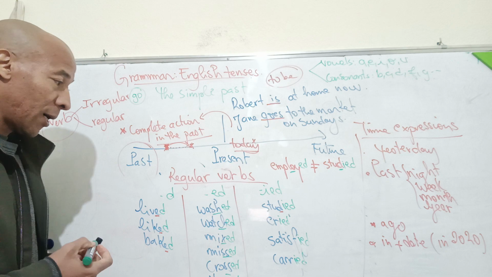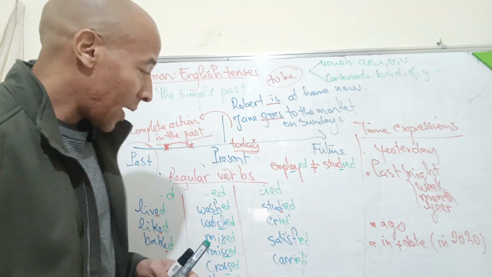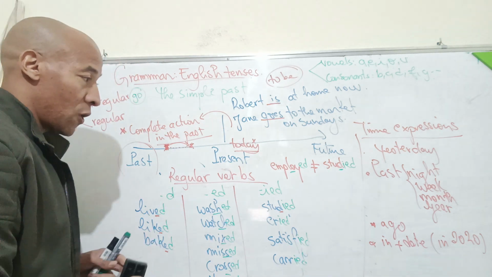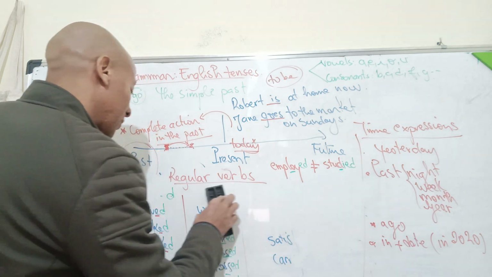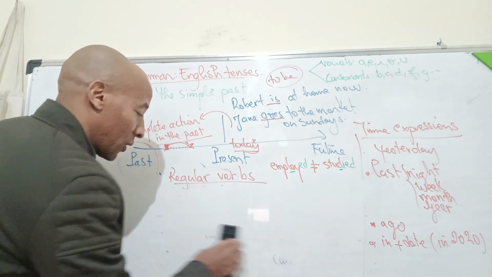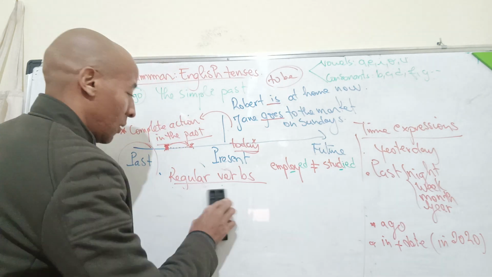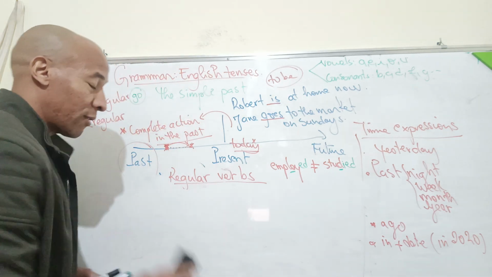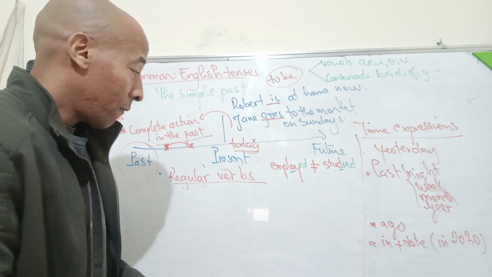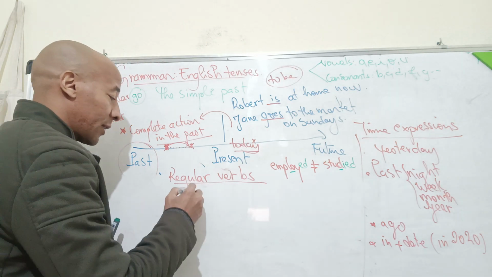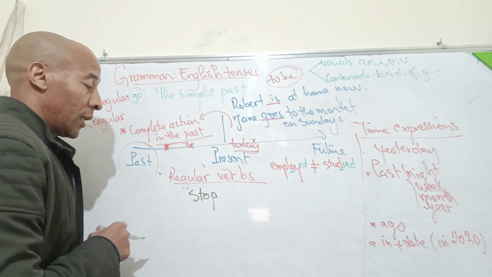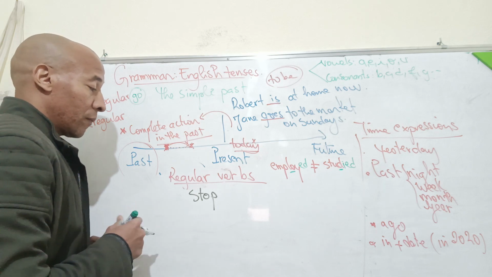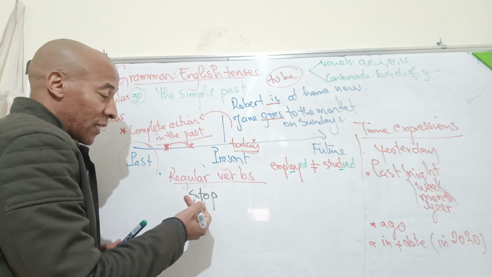Right, we have some exceptions, some specific rules that you have to know about. For example, let's take the verb stop. We talked about the stress.